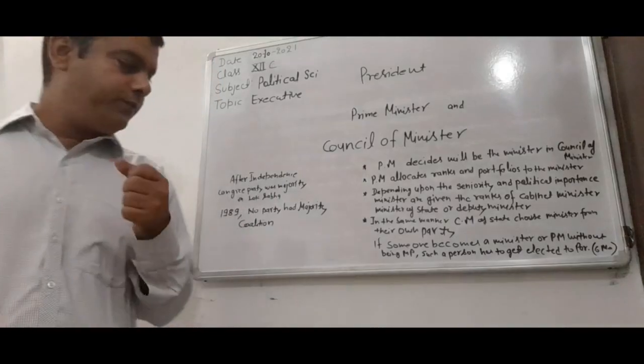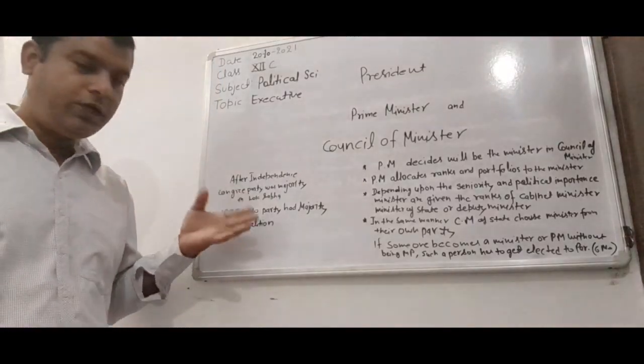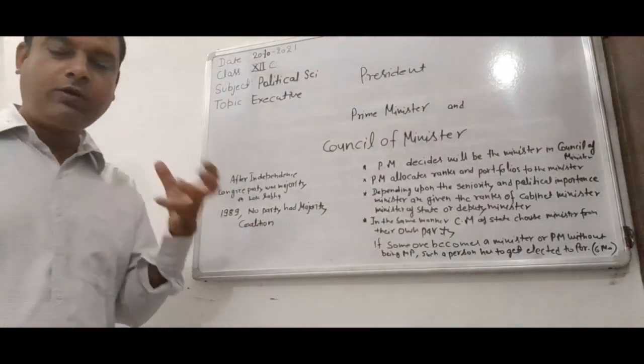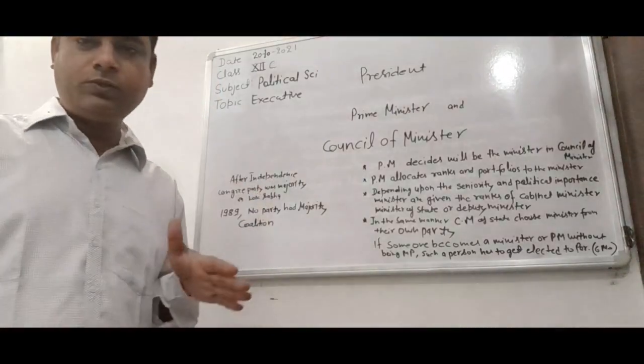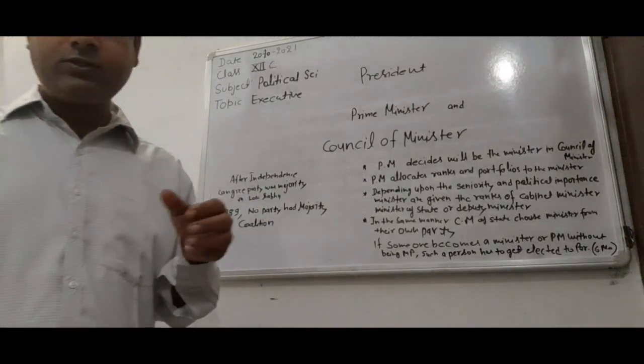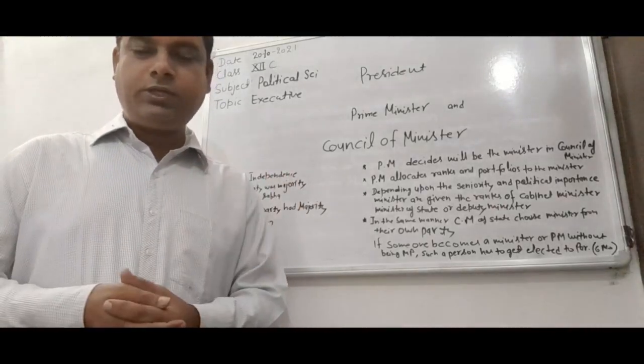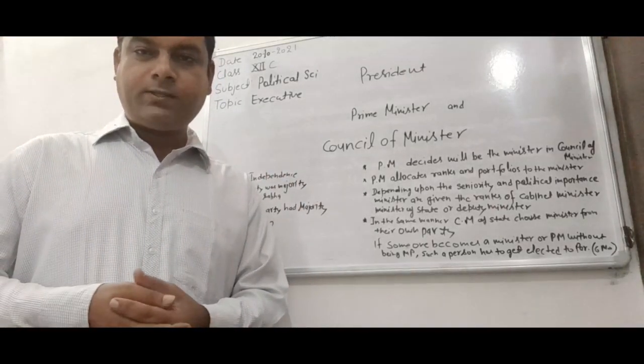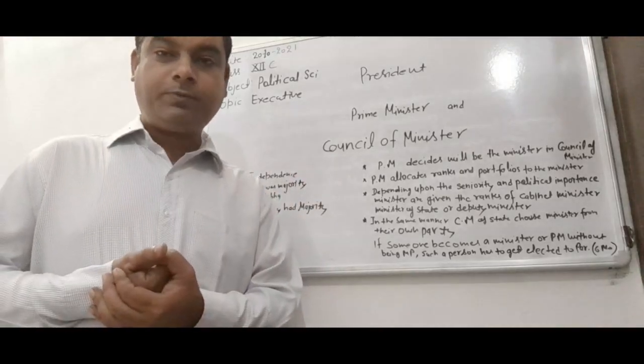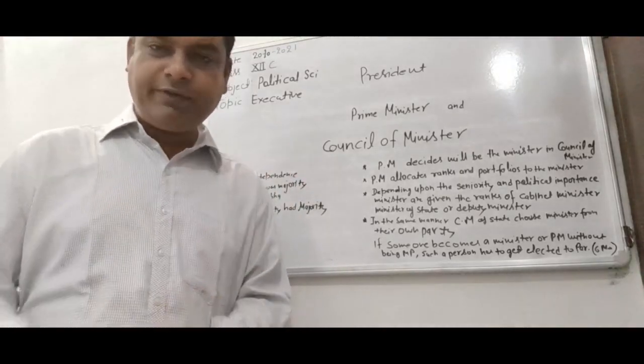But during the era of coalition, the power of the Prime Minister eroded. Now he was forced to take suggestions from the coalition parties to run the government effectively.